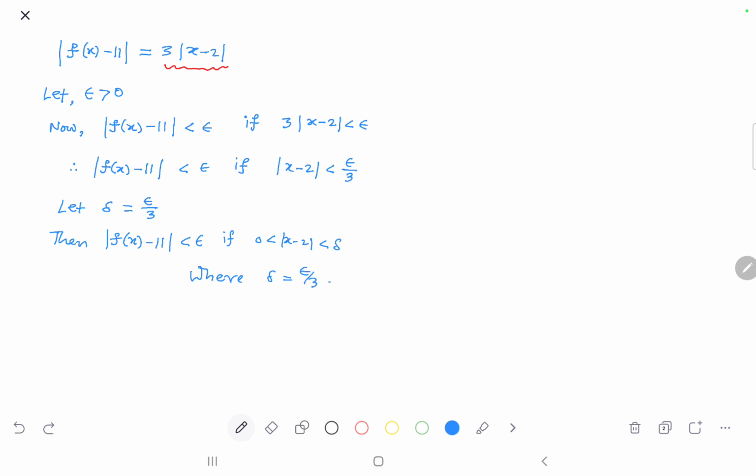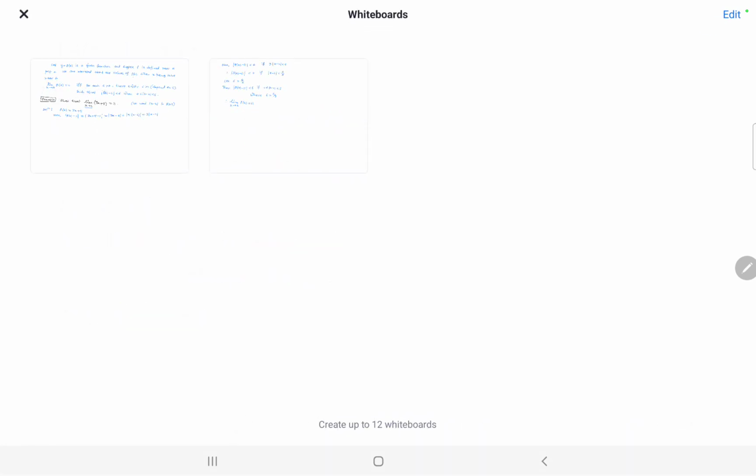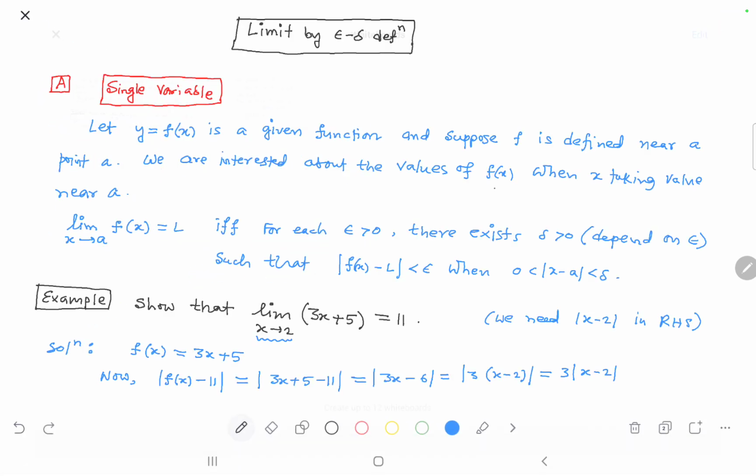Mayan, clear? Yeah, fine. All right. So we are getting limit x tends to 2 of f(x) equal to 11. That's all. So we did this for a linear function because our function was linear, right? Look at this. We have a linear function like 3x plus 5. Clear?